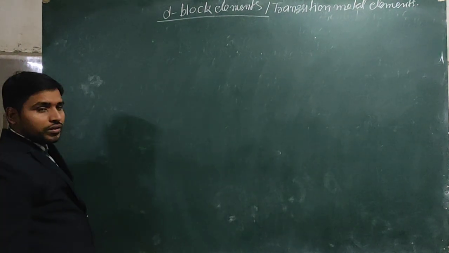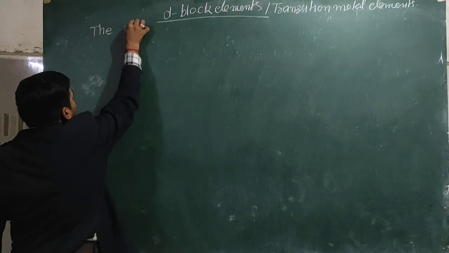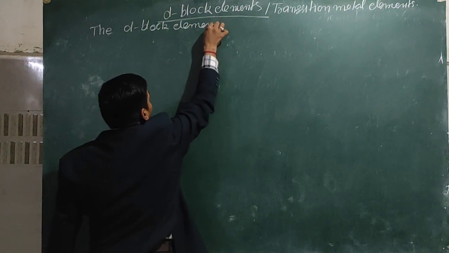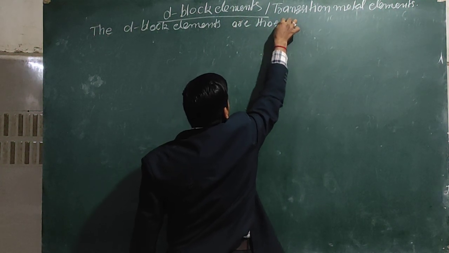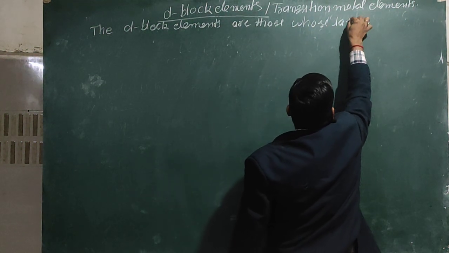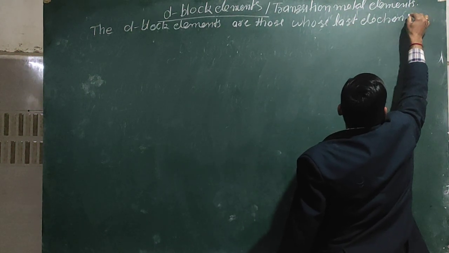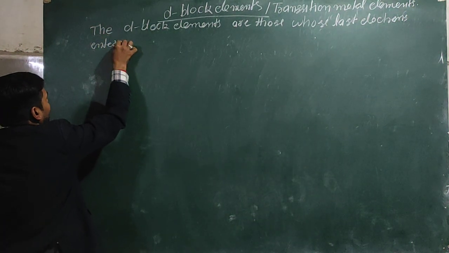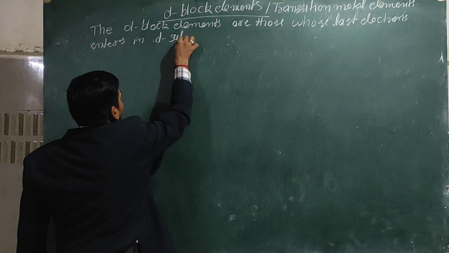What are d block elements? You can explain: the d block elements are those whose last electron enters in the d subshell.